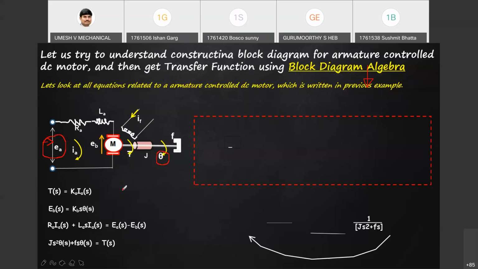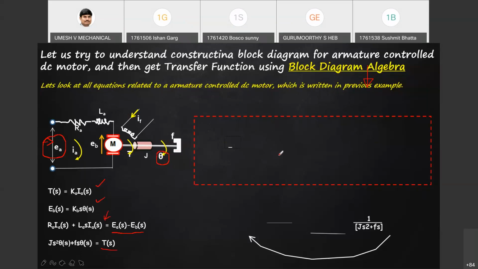These are the relations we have already written: E of S is equal to this equation, EB of S is equal to this equation, and if you take EB of S to the other side, it becomes minus. So this is one term, and finally torque is given by this equation.